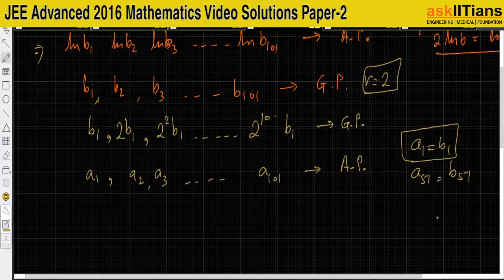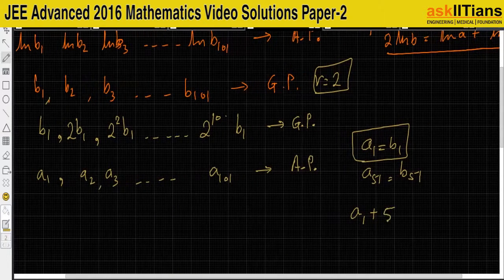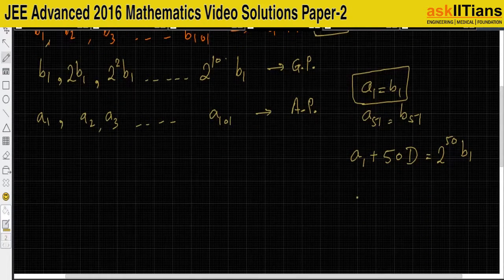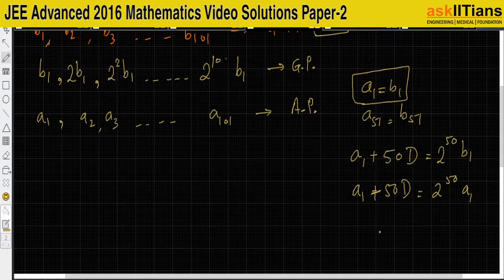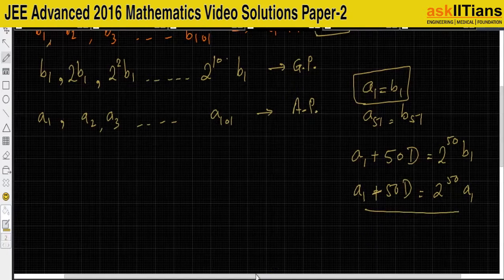I can simply write it as a1 plus 50 times the common difference. Let me assume that the common difference is capital D. This will be equal to b51, and b51 will be simply 2 power 50 into b1. Now I know that a1 is equal to b1, so I can say that a1 plus 50d is equal to 2 power 50 times a1. From here I can find out the value of d very easily. So this is one equation that we get.